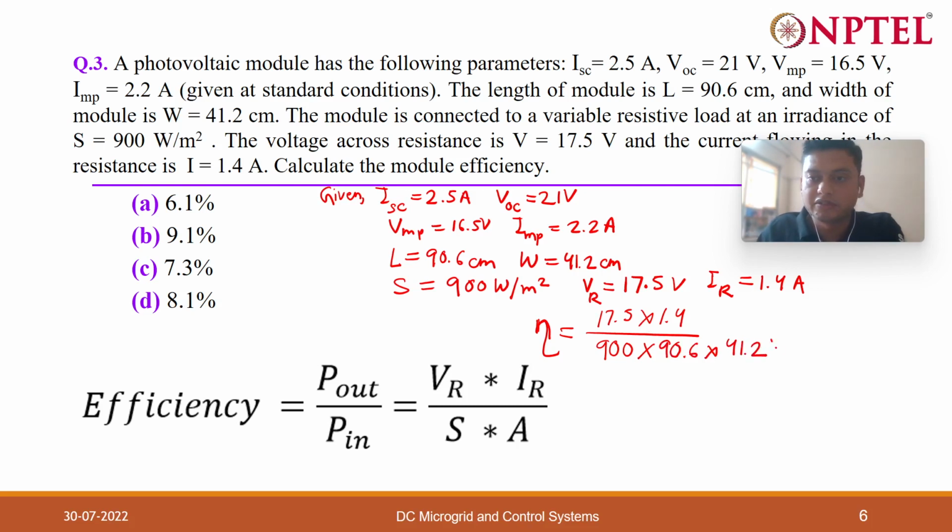You convert into meter square, so 10 power minus 4, and we will get 0.729, and you can write it in percentage, equivalent to 7.3%. So the correct answer will be C.